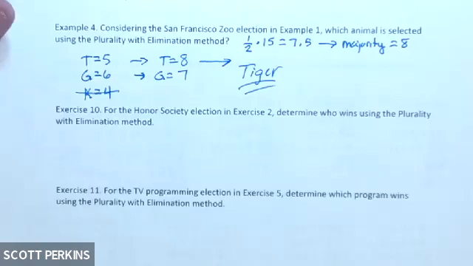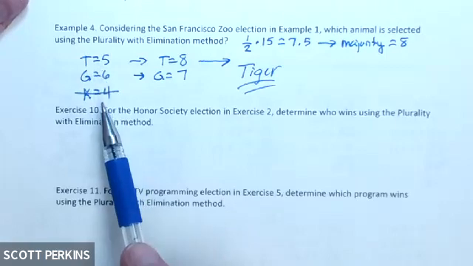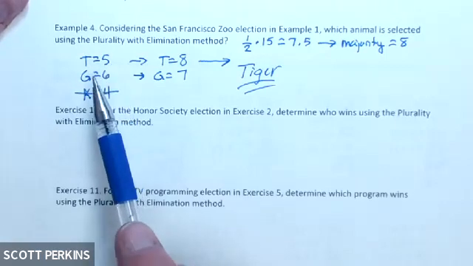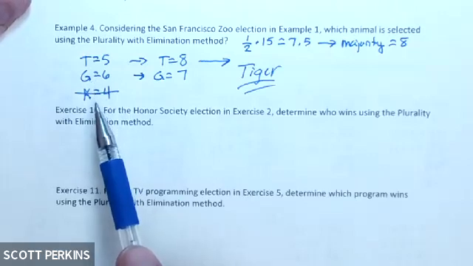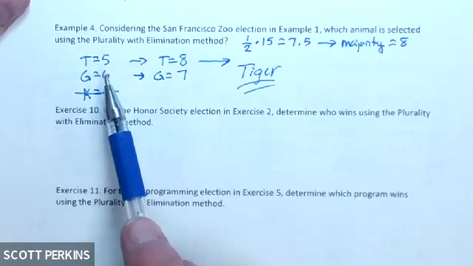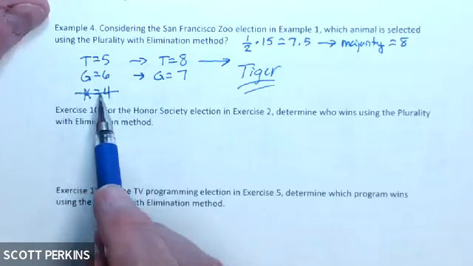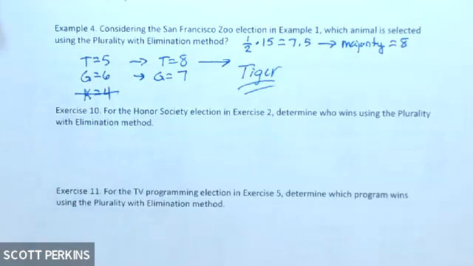Yes? Yeah, so this is the plurality vote. This is just how many first place votes everybody got. Tiger got 5, giraffe got 6, kangaroo got 4. In that first vote, we're considering that the first election, no one got a majority, which is 8. So what we do with the plurality with elimination is we eliminate the lowest vote getter, the 4. Now we're going to go back to our table.